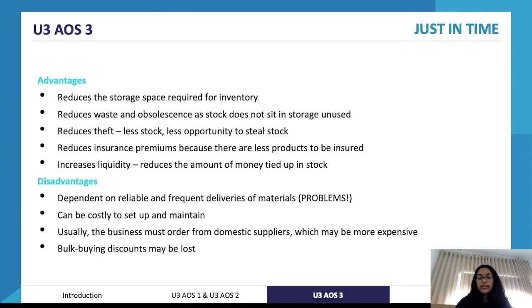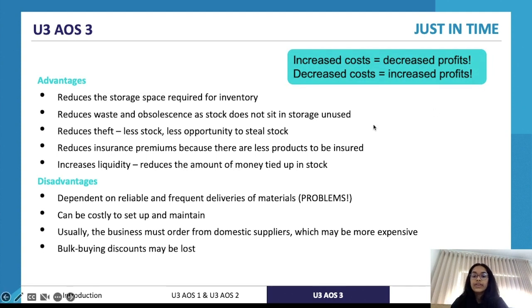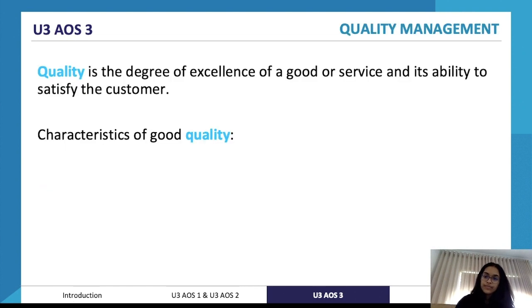Well, they can, but they're more likely to order from domestic suppliers and local businesses, which might be a little bit more expensive as well. Bulk buying discounts can also be lost. Okay, so increased costs means there's less profits, decreased costs means more profits.